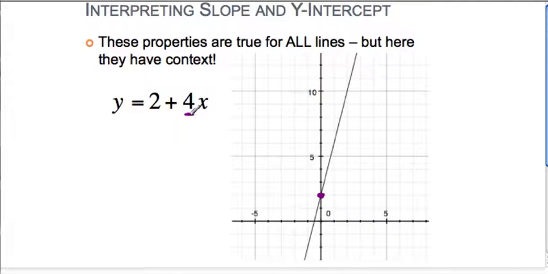The slope is 4, so as x increases by 1, y increases by 4. When I go over 1, this line goes up 1, 2, 3, 4. So when x increases by 1, we expect y to increase by 4.